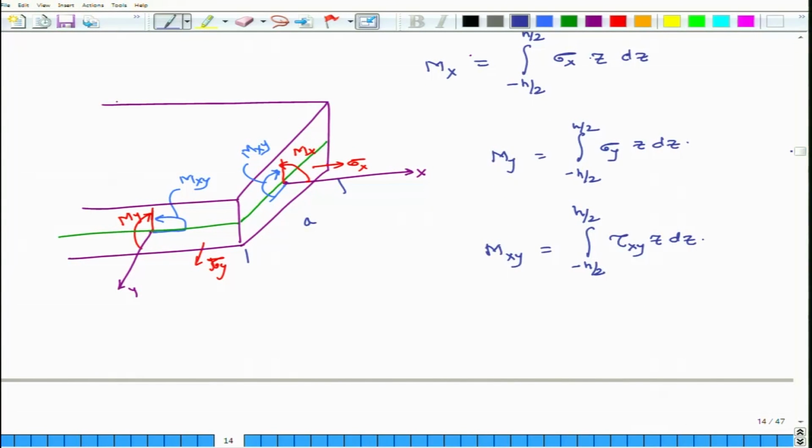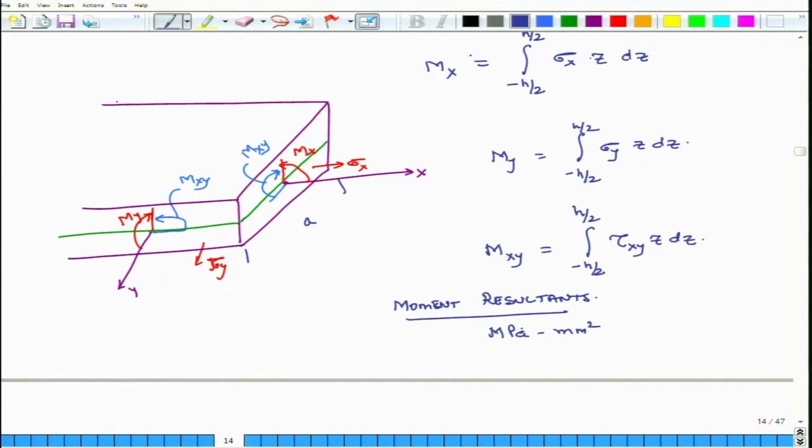Okay. So, these are moment resultants. What are their units? This will be MPa, the stress, times dz times z, so you get MPa times millimeter square.